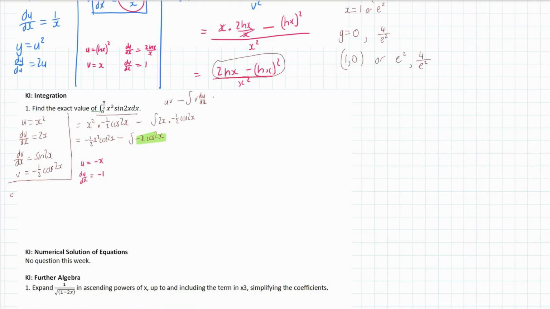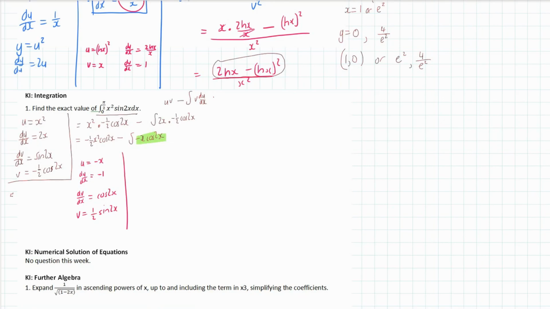I'm just wondering if it might have been easier to define it slightly differently. And then dv dx is equal to cos 2x, and so v is equal to 1/2 sine 2x. So I think that's good.